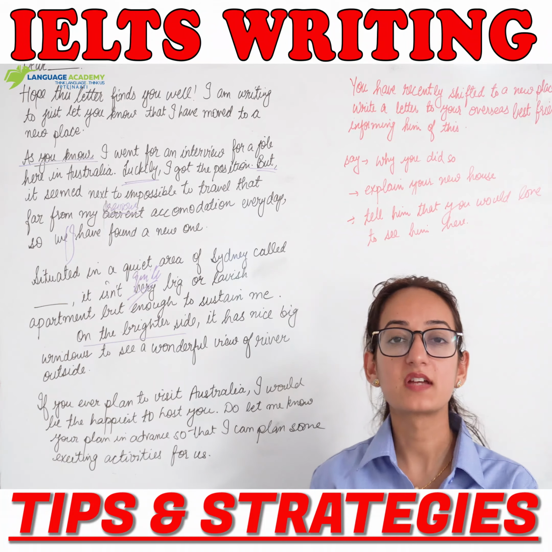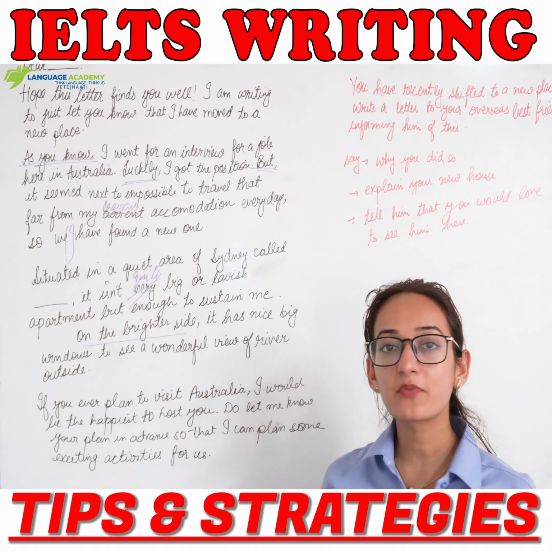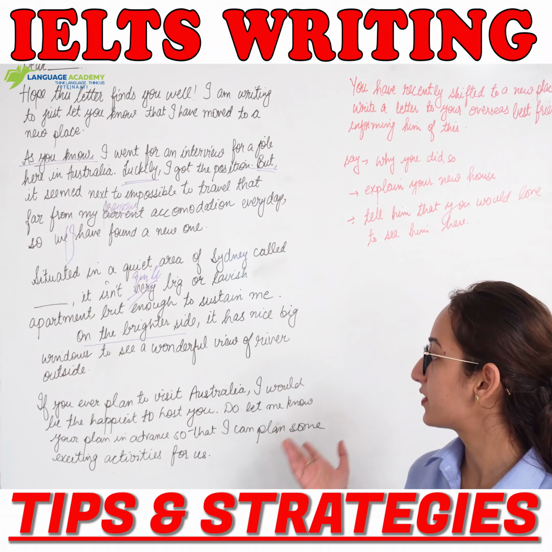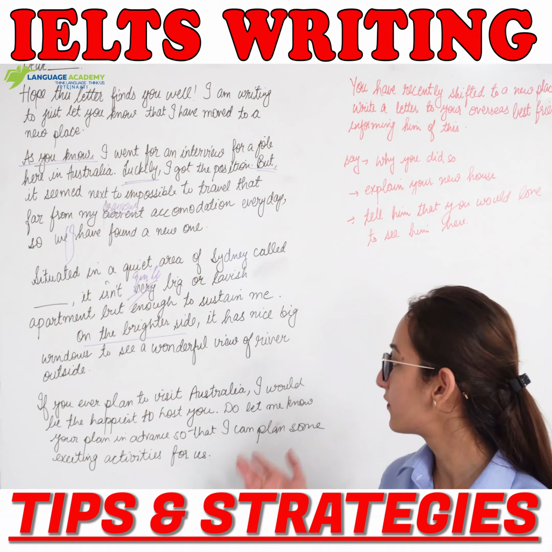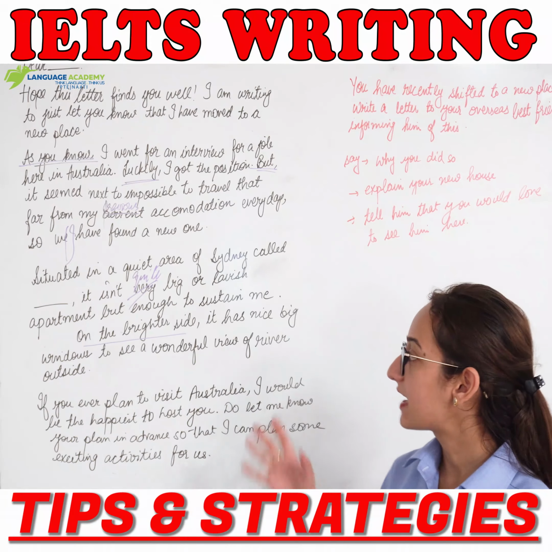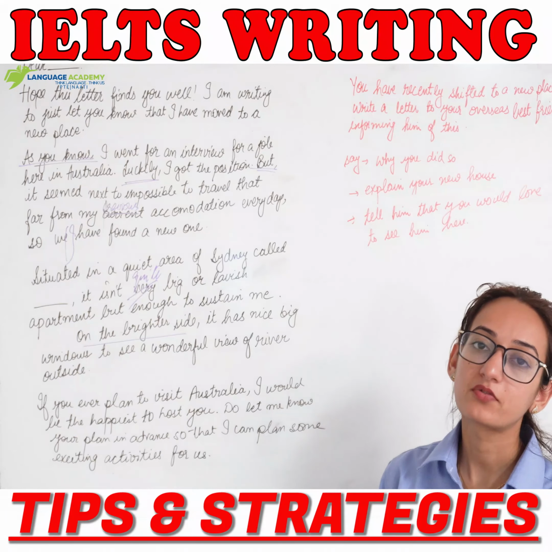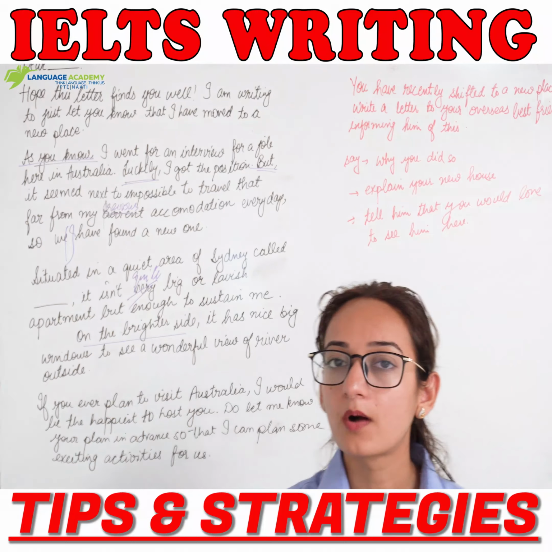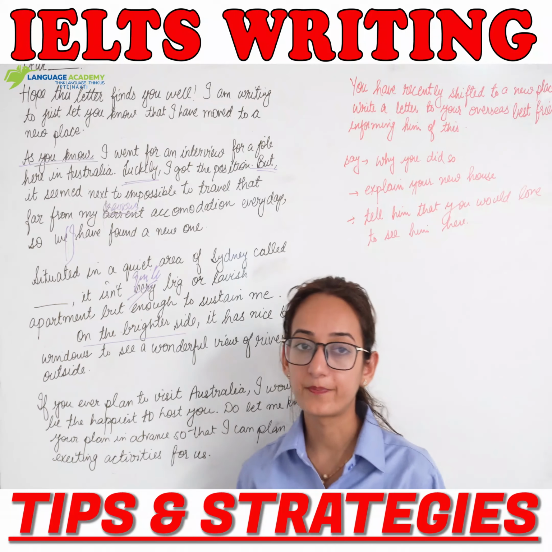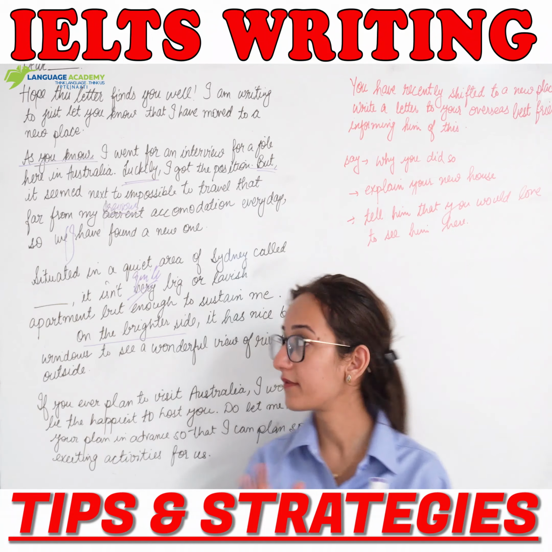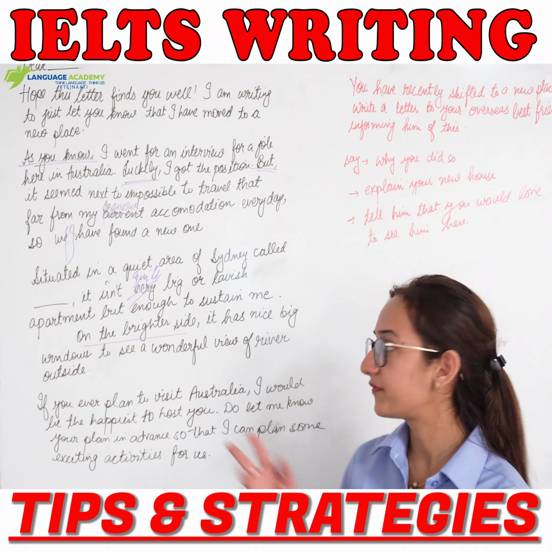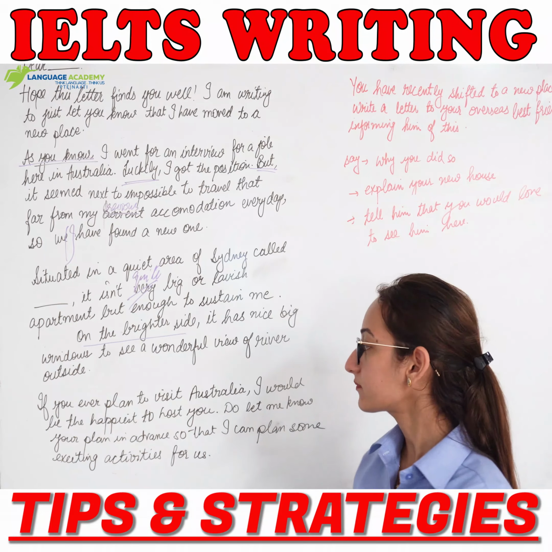So we have used on the brighter side, it has nice big windows to give a wonderful view of the river outside. So that is a brief explanation about your house. Depending upon your word limit, or the number of words which you have used and how many are left, you can definitely elaborate this further.